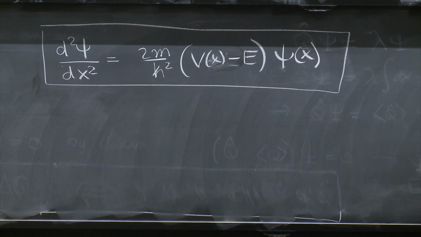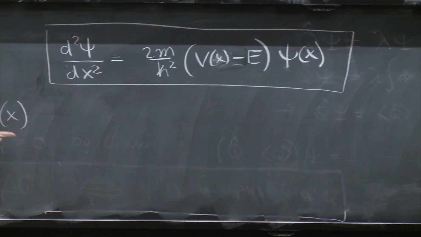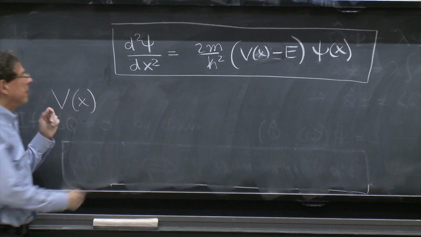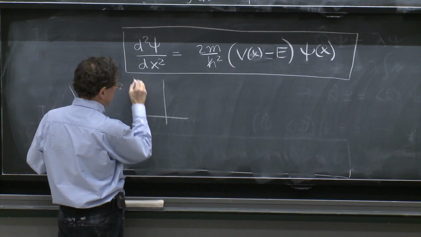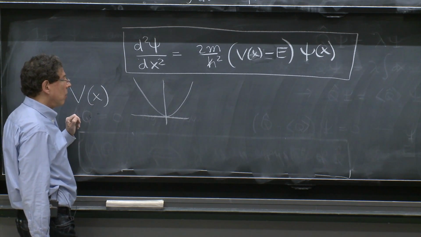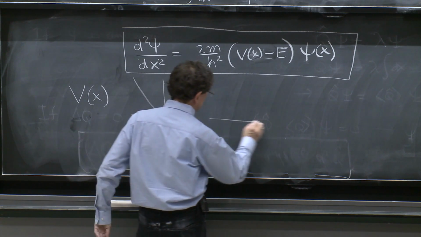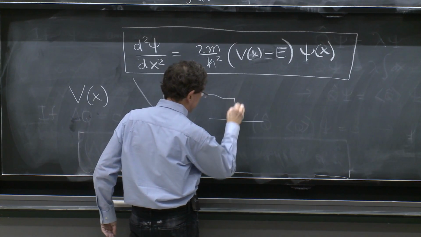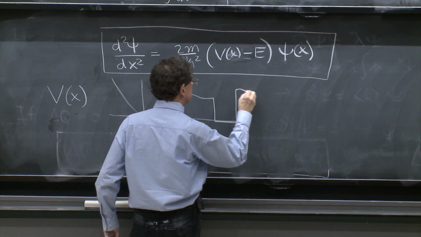Whenever you have a problem, you may encounter a potential, V of x. And the question is how bad this potential can be. Well, the potential may be nice and simple. Or it may be nice, but then have some jumps.